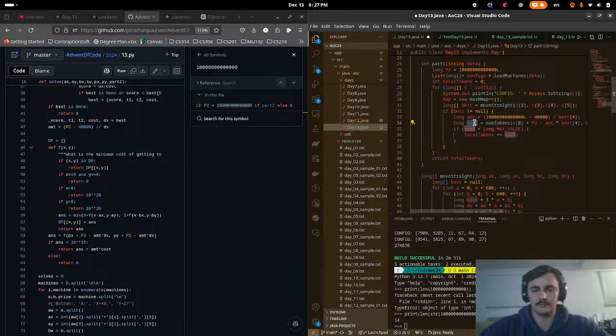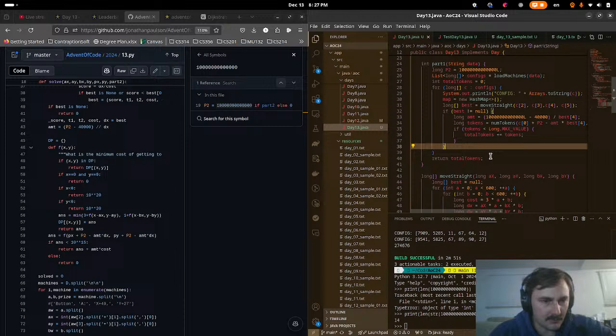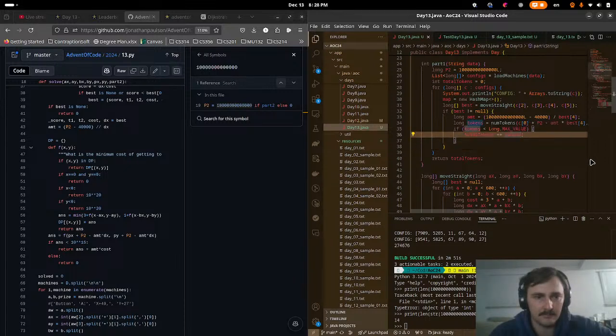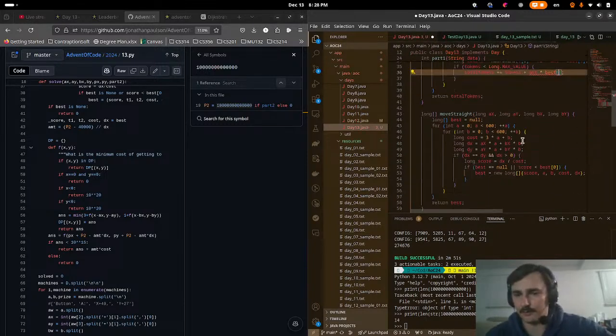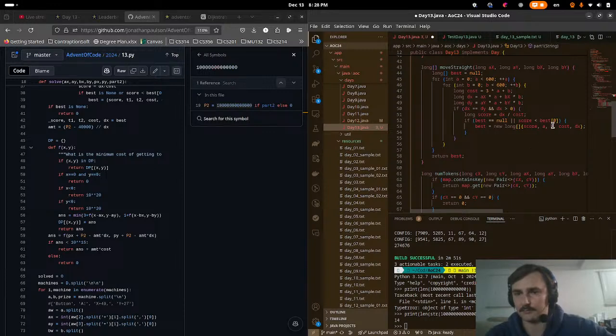I'm gonna call this tokens. Tokens. And if tokens plus amount times best, what? 0, 1, 2, 3.